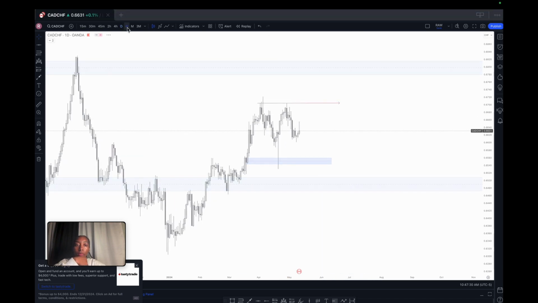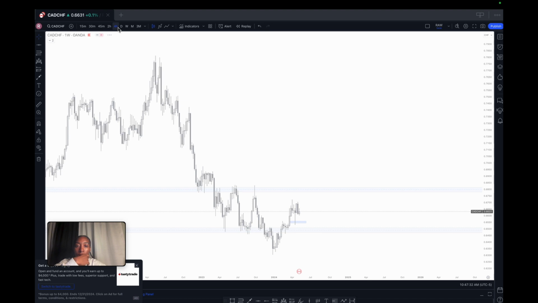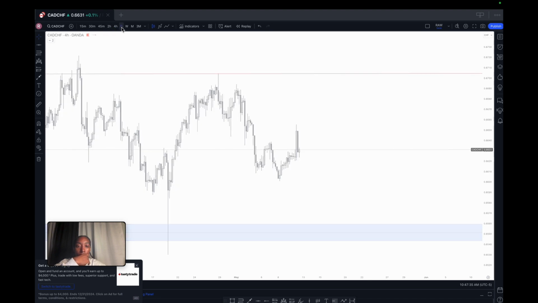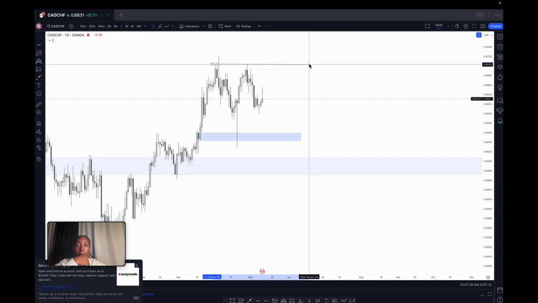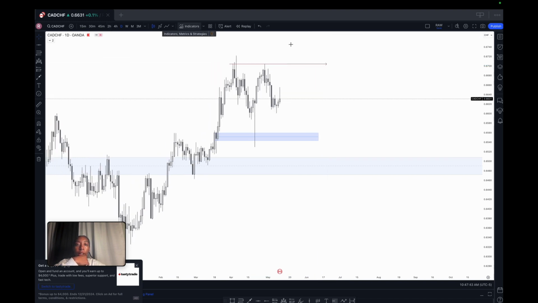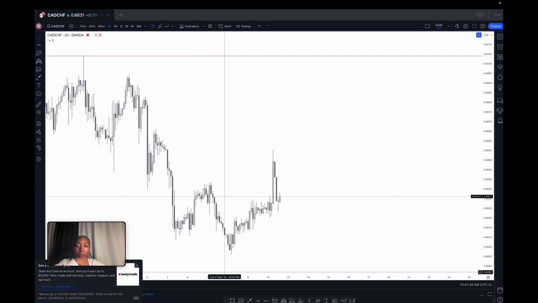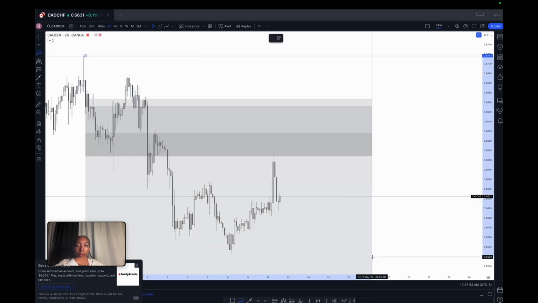Let me see something. Okay, yeah. So we're looking for bearish momentum now that these are our targets, right? So let's see what this brings us. Okay, I like that.